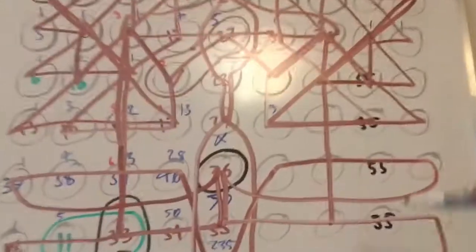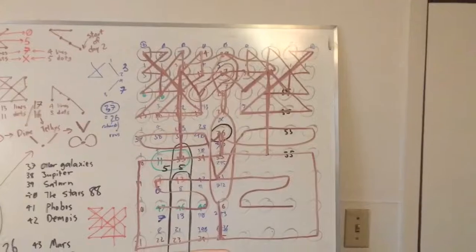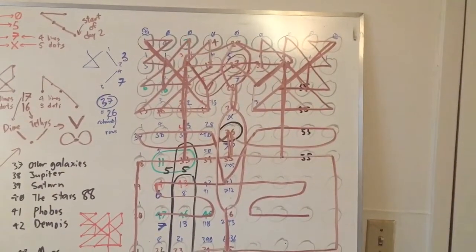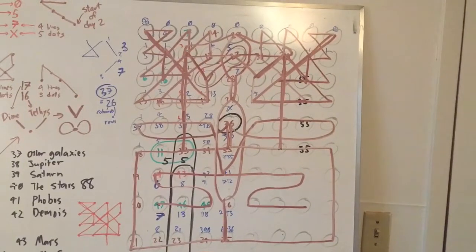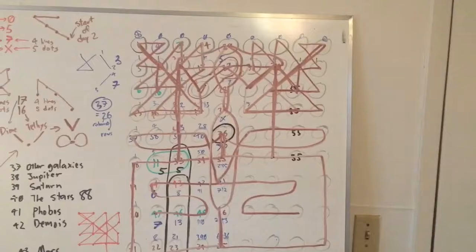I don't have a double path. Oh, I ended here, so I might as well go down. I didn't do a double path here. That's my bad. So there. Now it's ended. Maybe I shouldn't use brown. What does that look like?